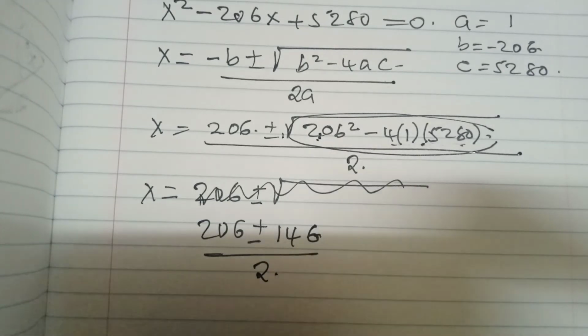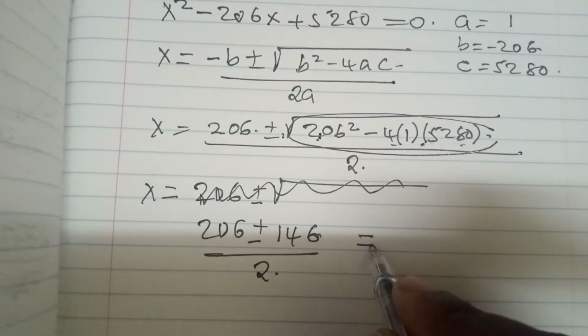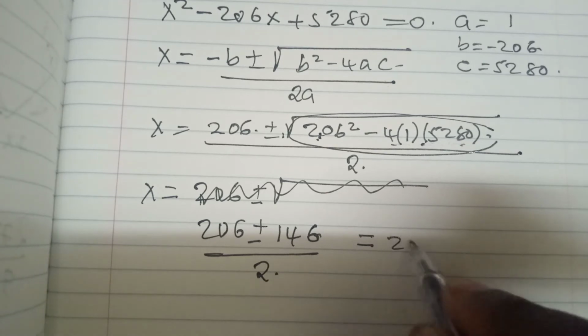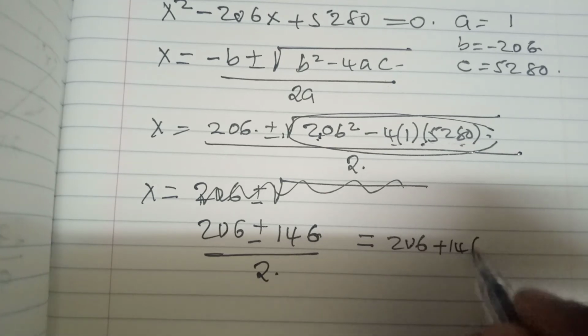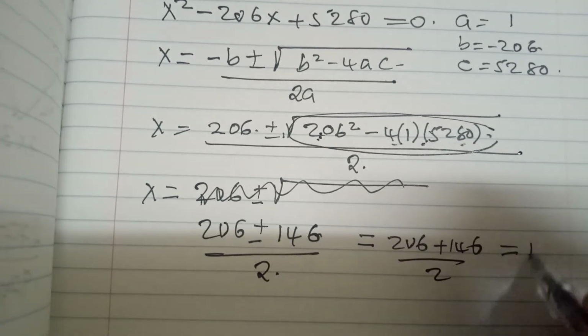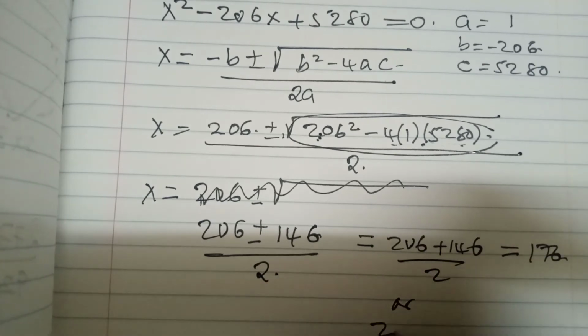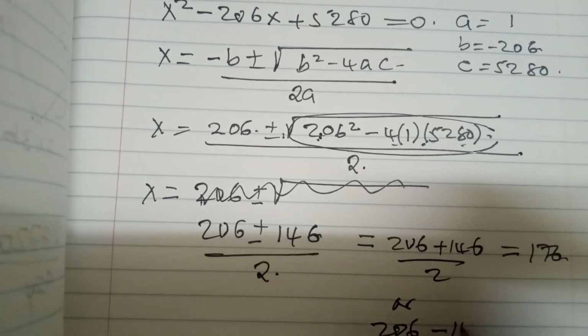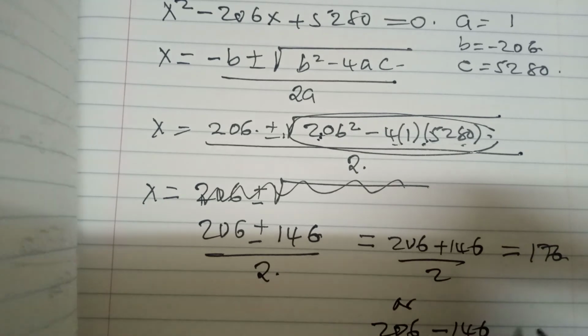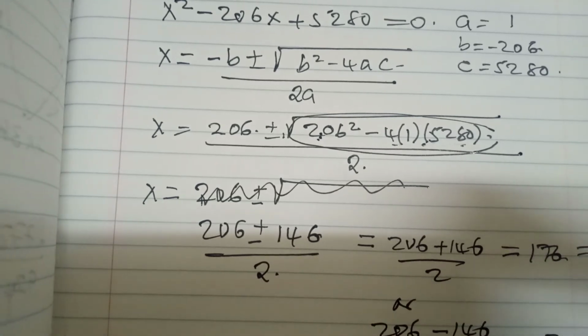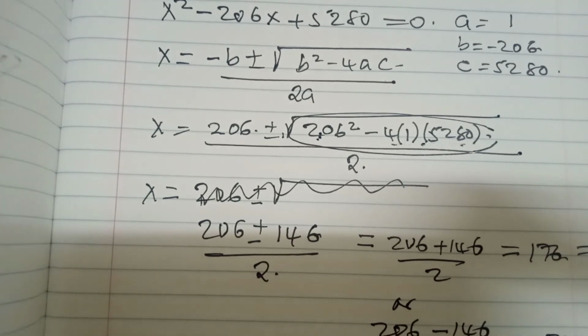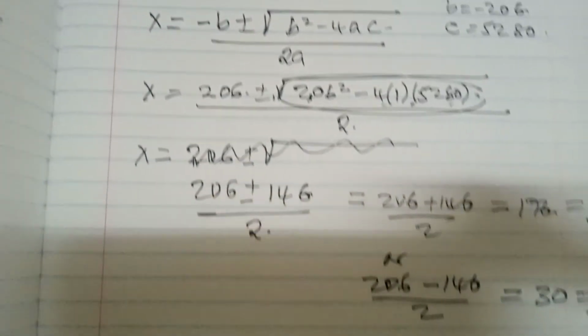It gives you 146, which is equals to 206 plus 146 over 2, which is 176, or 206 minus 146 over 2, which is actually 30. So this can be x or this can be x.